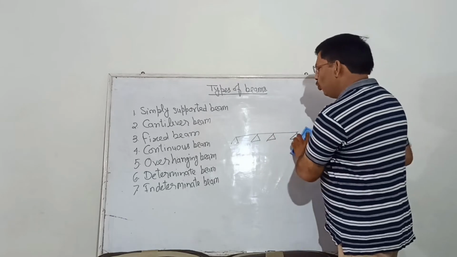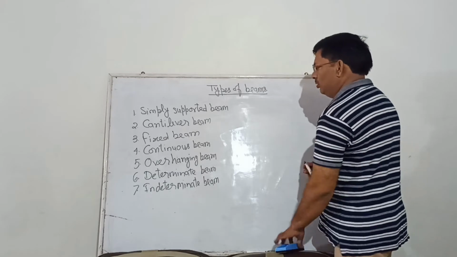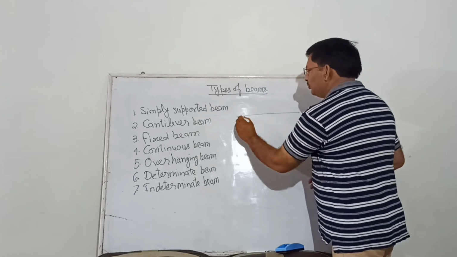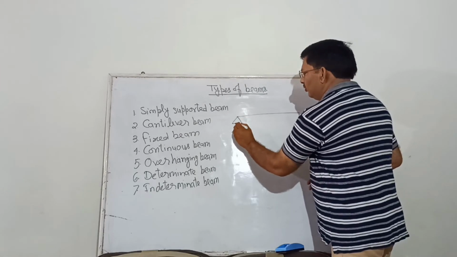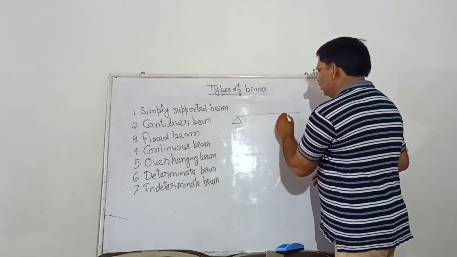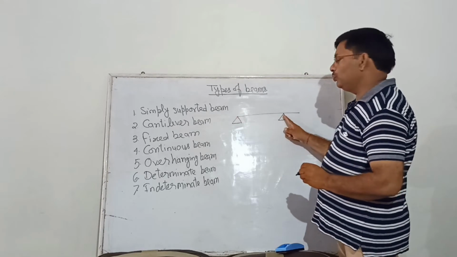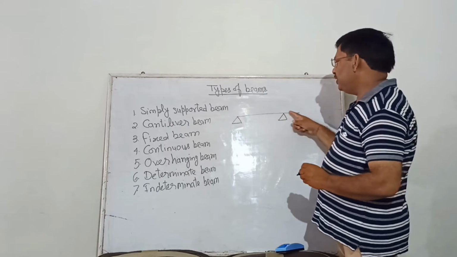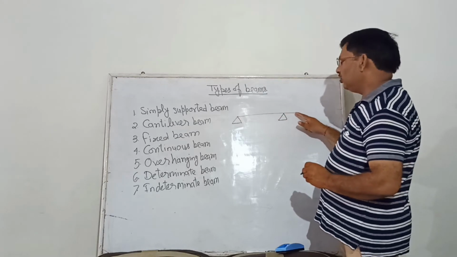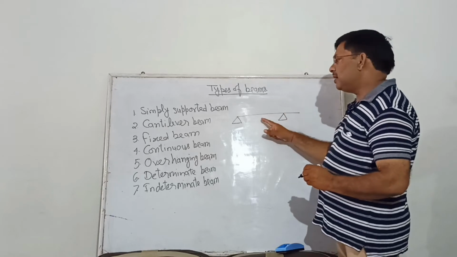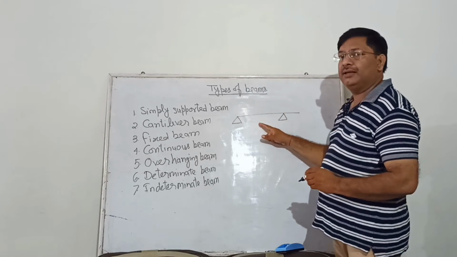Now the next one is the overhanging beam. An overhanging beam is a type of beam in which some length of the beam hangs beyond the support. Suppose these are the 2 supports, this is the beam. Now you can see that this length of the beam is hanging beyond this support. So this type of beam is known as an overhanging beam.